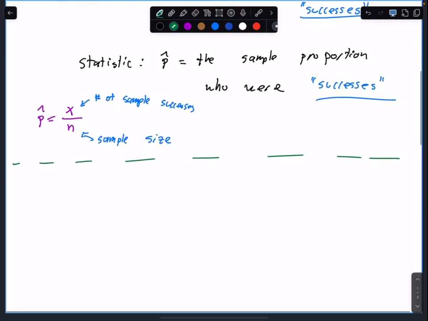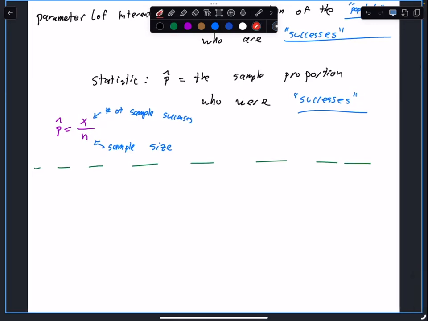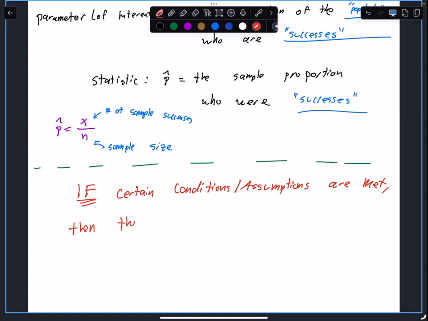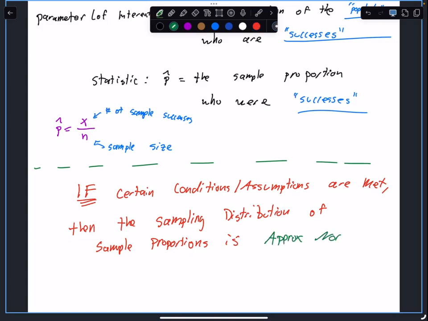Now, what's important to understand here, and one of the major things that we need to do, is understand that if certain conditions/assumptions are met, then the sampling distribution of sample proportions is approximately normal.